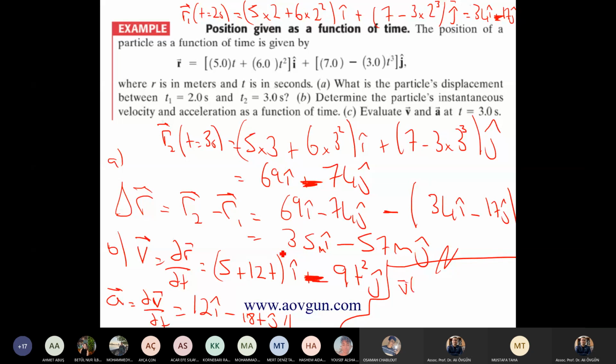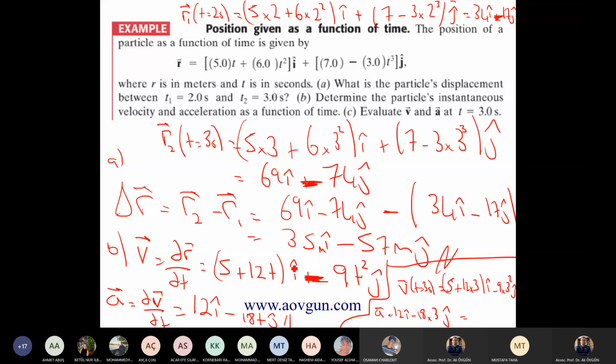So v at t equal 3 will be equal to 5 plus 12 times 3 i hat minus 9 times 3 squared j hat. And for acceleration, 12 i hat minus 18 times 3 j hat.